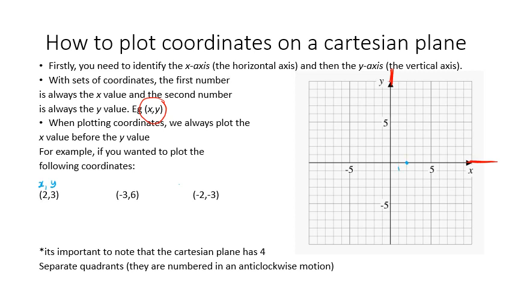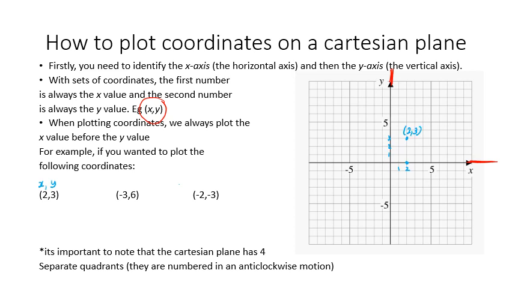So 1, 2. I'm then going to go up 3 spots because I'm going to a positive y, which is actually 3 on the y-axis. So the y-axis, remember, is vertical. So there's 1, 2, 3. So I'm going to go straight up to the point that is 2 across and 3 up.